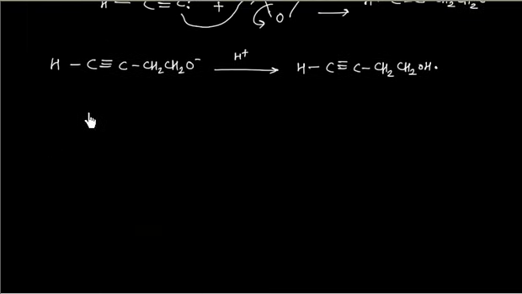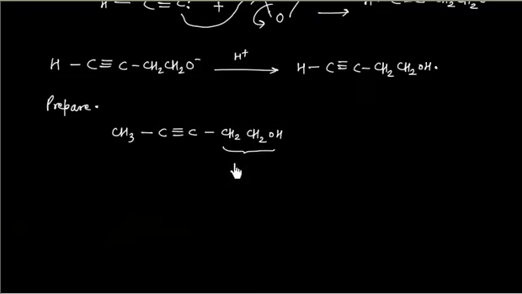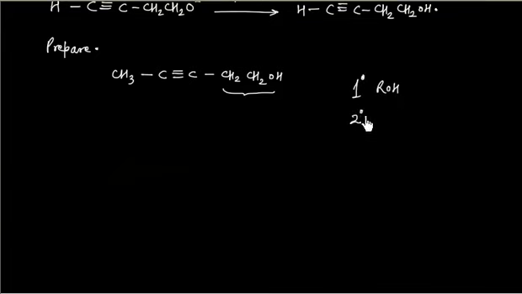Similarly, if I say to you, prepare this compound, let us say if I want to prepare the compound CH3C≡C-CH2CH2OH. How can we prepare it? Idea is again the same. We have a primary alcohol. It has 2 extra carbons, 2 carbon increase, and it contains an alkyne group.